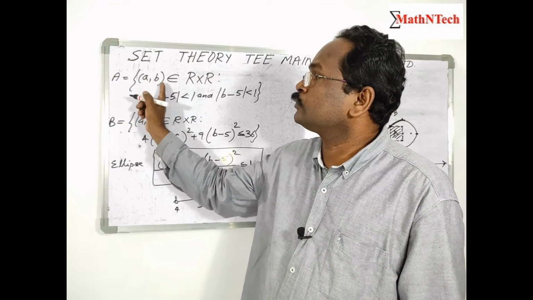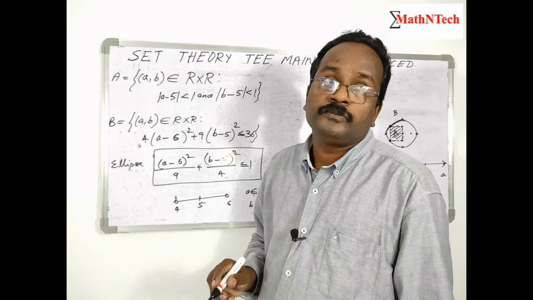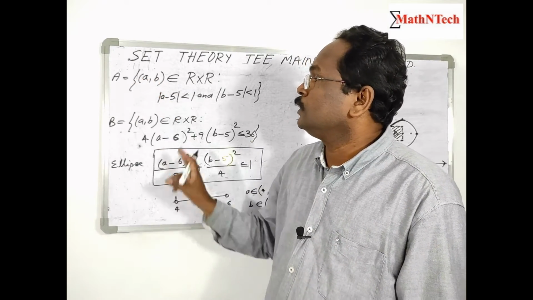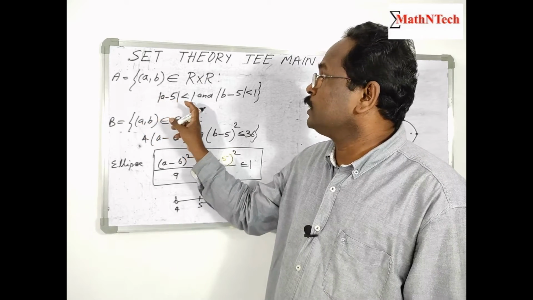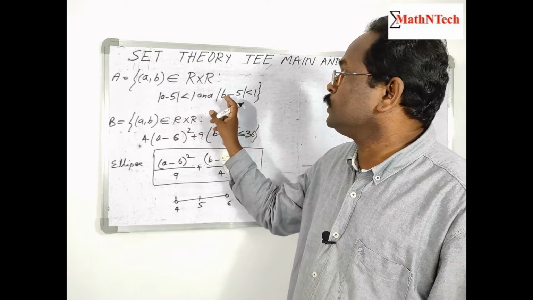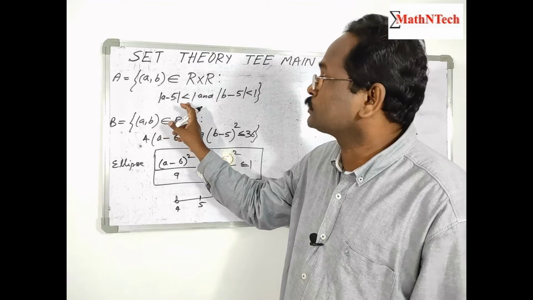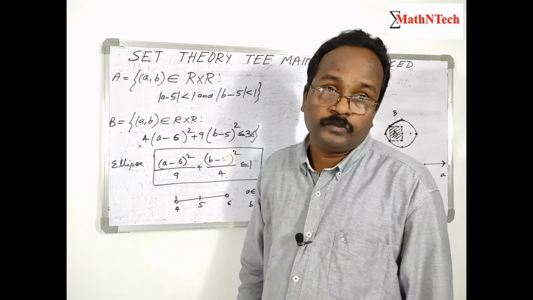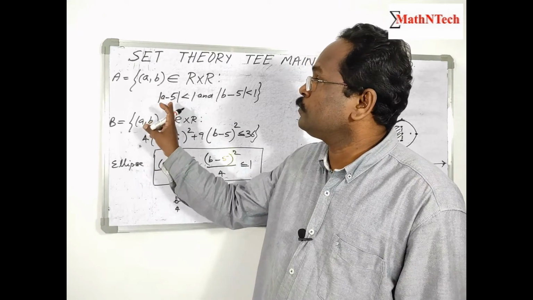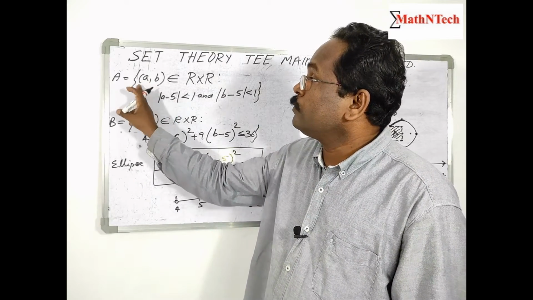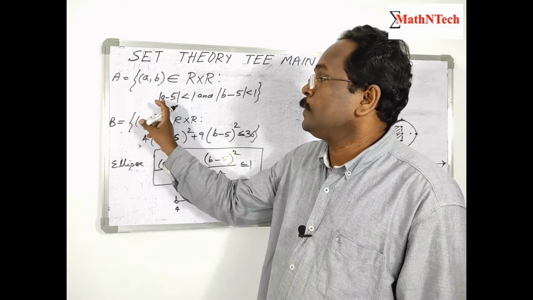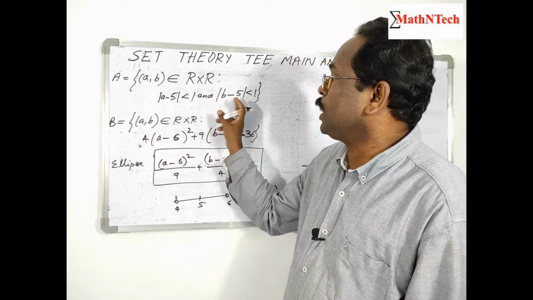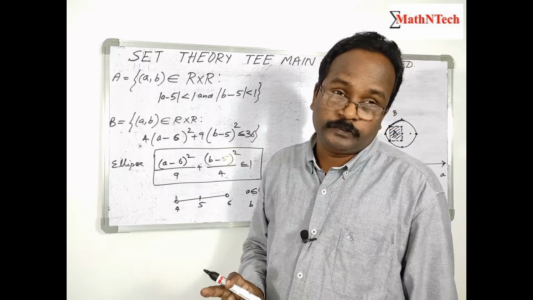Set A equals the set of all ordered pairs (A, B), that is, the set of all points in the plane, such that modulus of A minus 5 is less than 1 and modulus of B minus 5 is less than 1. So note the condition.